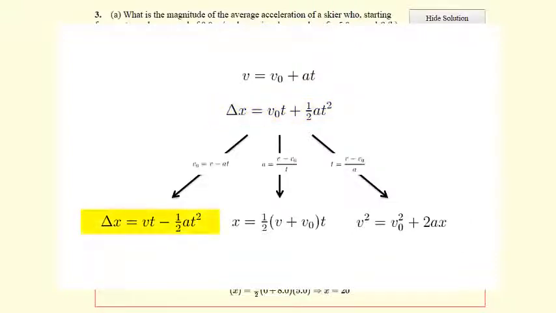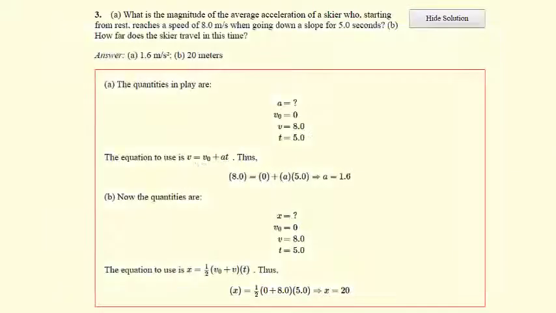Once I've got this written down, it tells me which formula I have to use. I don't have an x in the problem anywhere, which means any equation that involves an x is not going to help me. So just by writing that down, I know I'm going to use this first one.